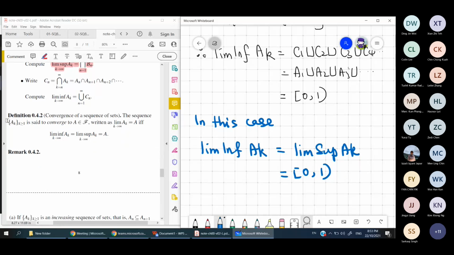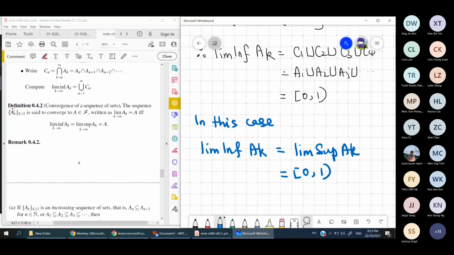By going through this example, you roughly know how to compute the limit infimum and limit supremum. Okay, let's go to this. We say that the sequence of sets has a limit, limit AK is equal to A, provided the limit infimum equals the limit supremum equals A. So these two are identical. Then we say the limit exists, which is equal to the common set.